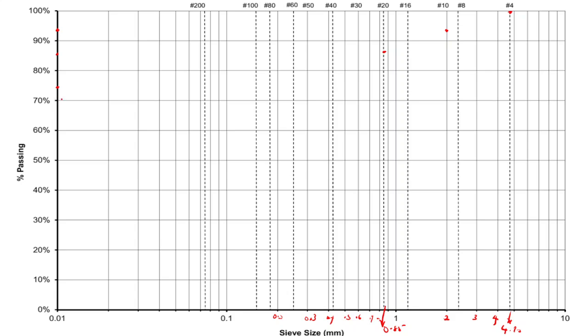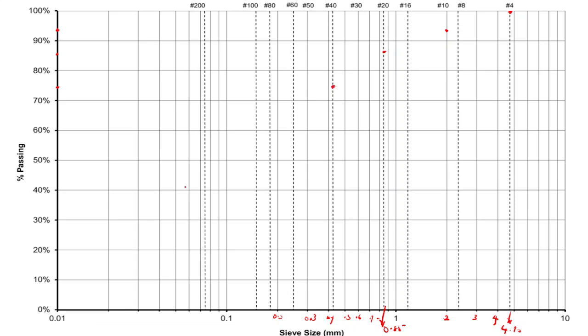So if you say this is 0.4, this is 0.425. You just make sure it aligns with the mark on the other end. Using your ruler, trace it just like you plot your graphs, right?